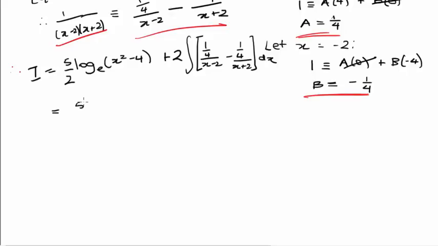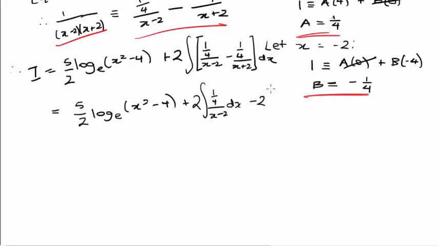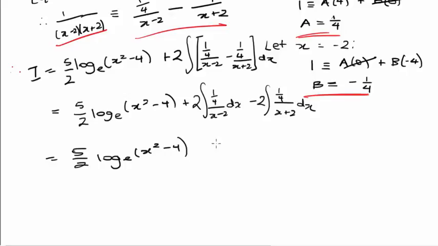So that'll become 5 on 2 times the natural log of x squared minus 4, added to, and we're going to carry the 2 over to these two separate integrals, so that's 2 times the integral of a quarter on x minus 2 dx minus 2 times the integral of a quarter on x plus 2 dx, right? Now let me just carry on this last line here. I'm sorry, this x squared minus 4 log.